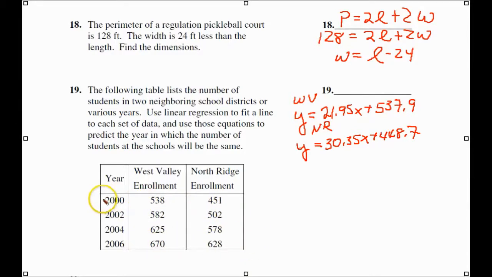So we have a year, we have enrollment, year, enrollment, and that applies for these 2 schools. So you could take any 2 of these years, probably this one and this one, and figure out what the slope of each line would be. First this one, and then do the other one.